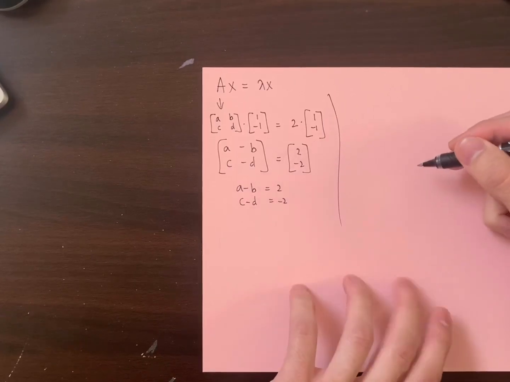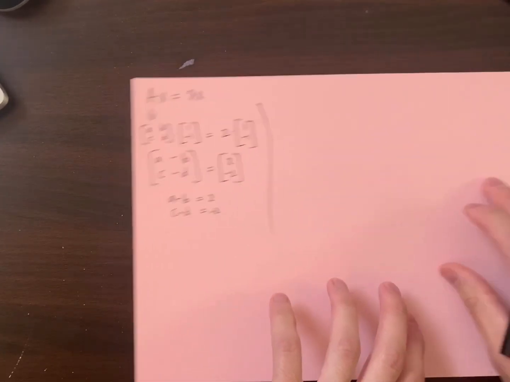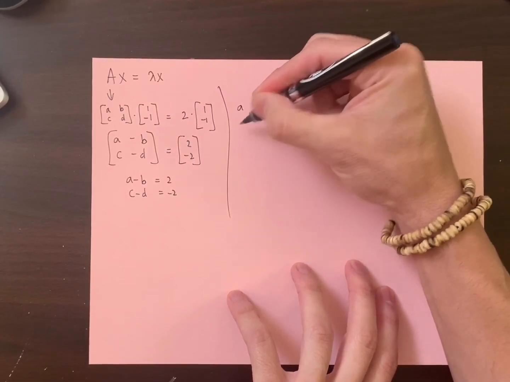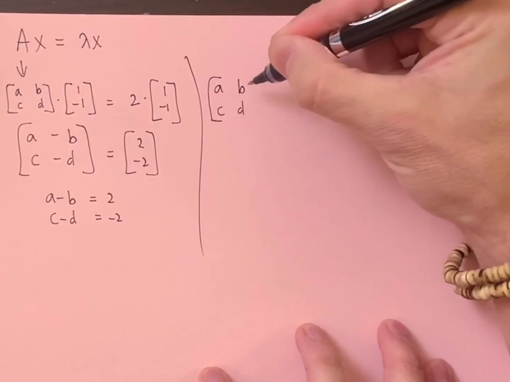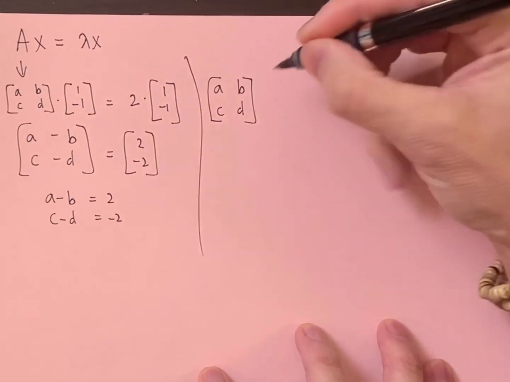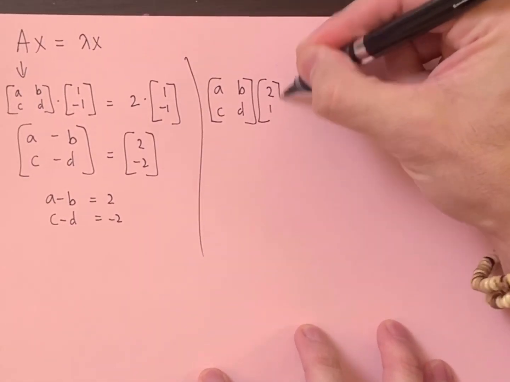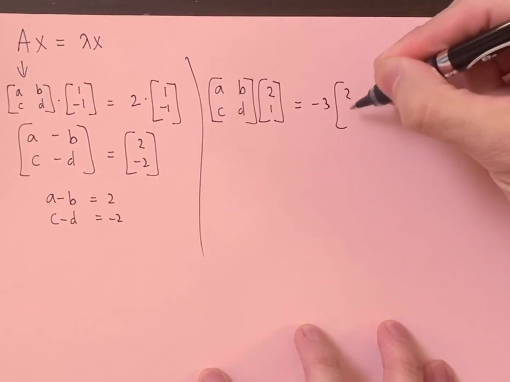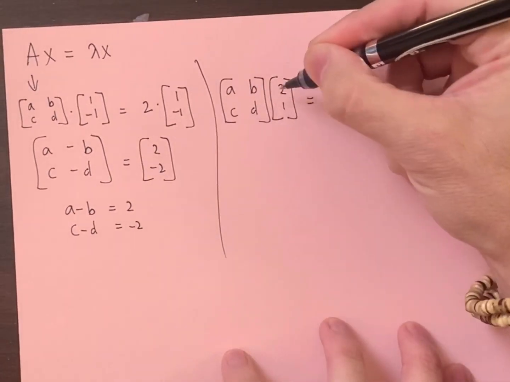Let's do this again for the other pair of eigenvector, eigenvalue. So we have A, B, C, D. And now the other eigenvector was 2, 1. And its eigenvalue was -3. Let's do the same thing. Let's multiply these.